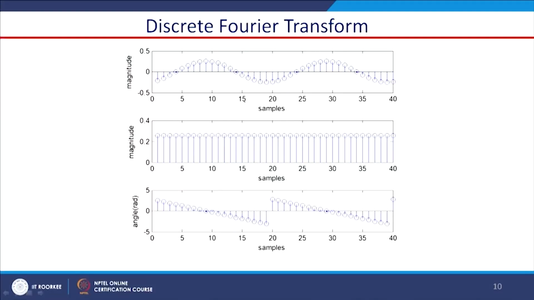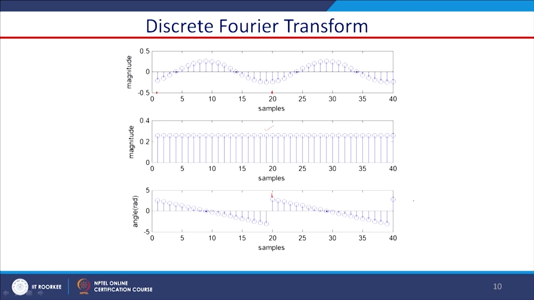Now, this is how the samples of 20 samples per cycle look. Here the 20 samples start from 1 and end with 20, and this is the magnitude part and this is the angle part. You can see here how these angles are varying. Here is one cycle, 20 samples, and here another cycle; the angle varies like this.